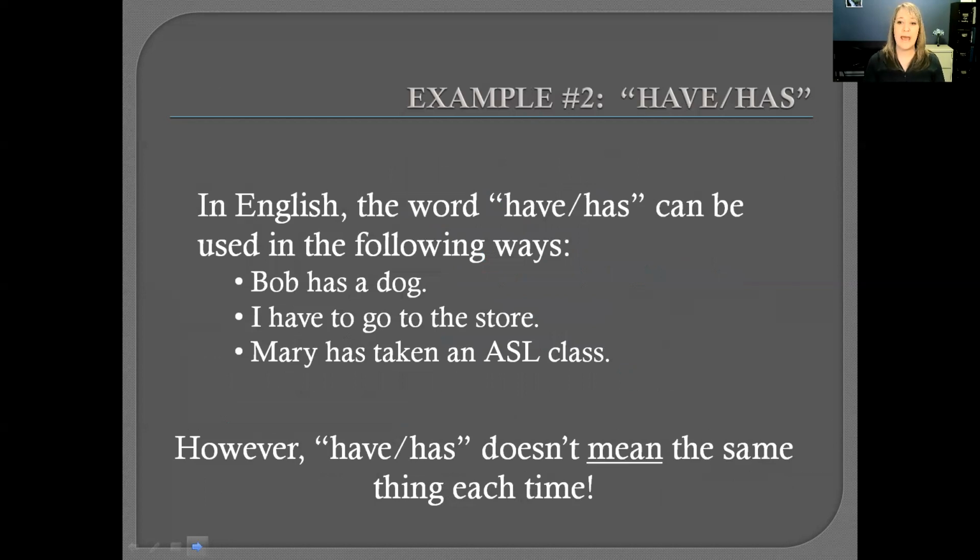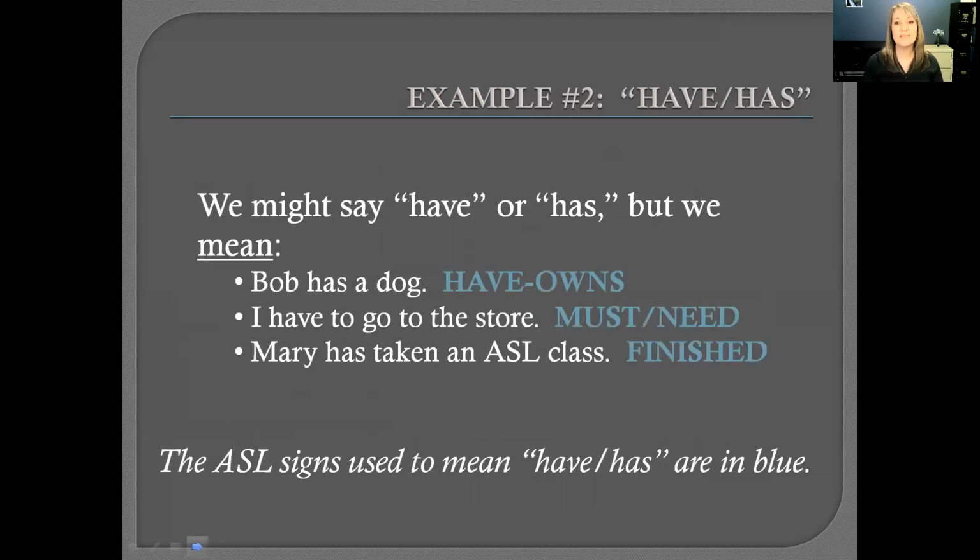So here's another example. In English, the word have or has can be used in the following ways. Bob has a dog. I have to go to the store. Mary has taken an ASL class. So yes, those are all have or has, versions of that word. It's the same word in English, but they mean something different. Such as Bob has a dog, meaning he owns it.